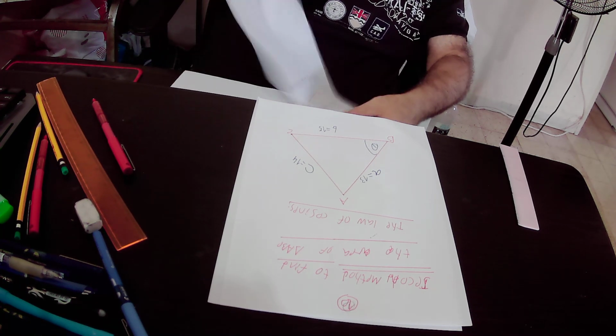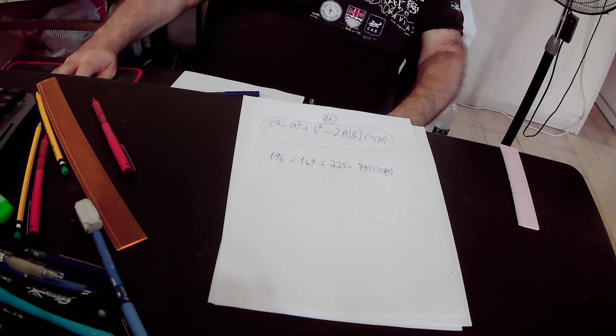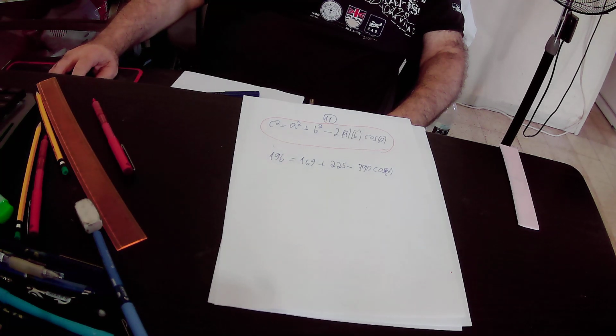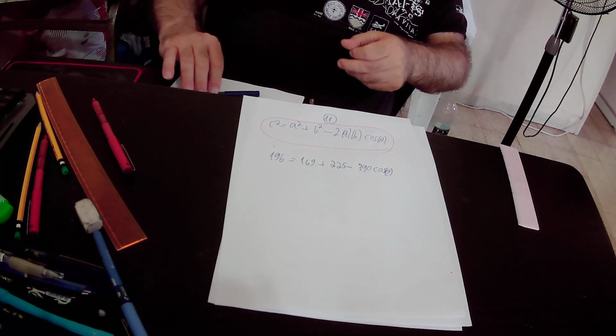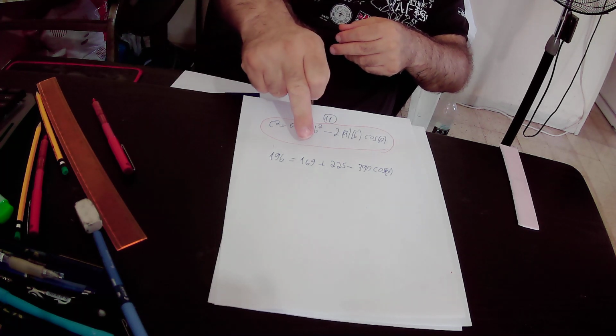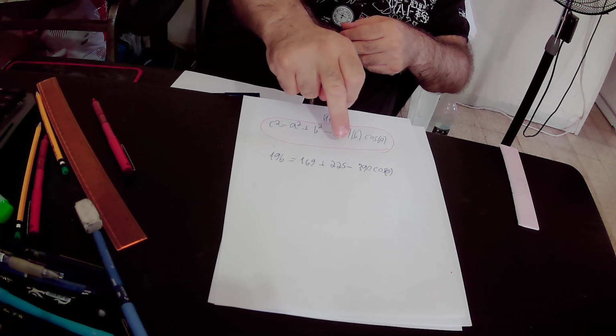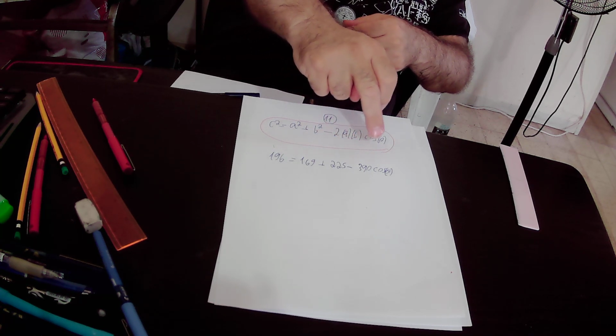So in total we got that 196 equals 169 plus 225 minus 390 cosine theta.